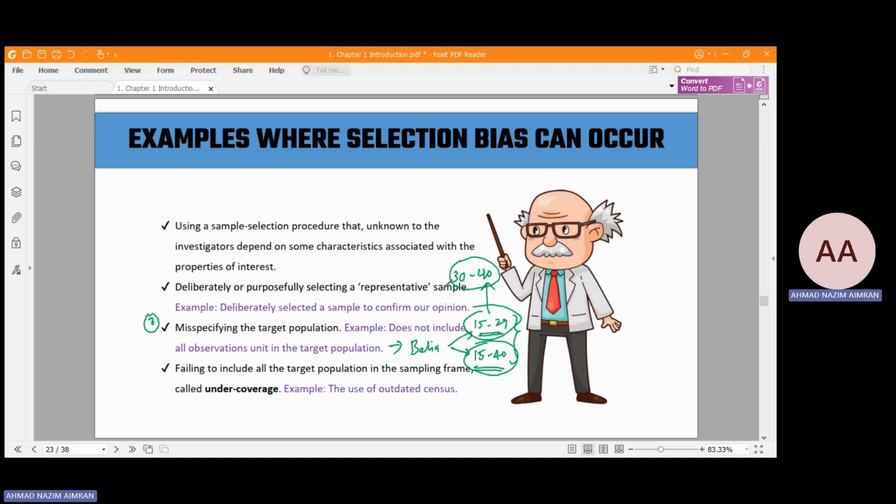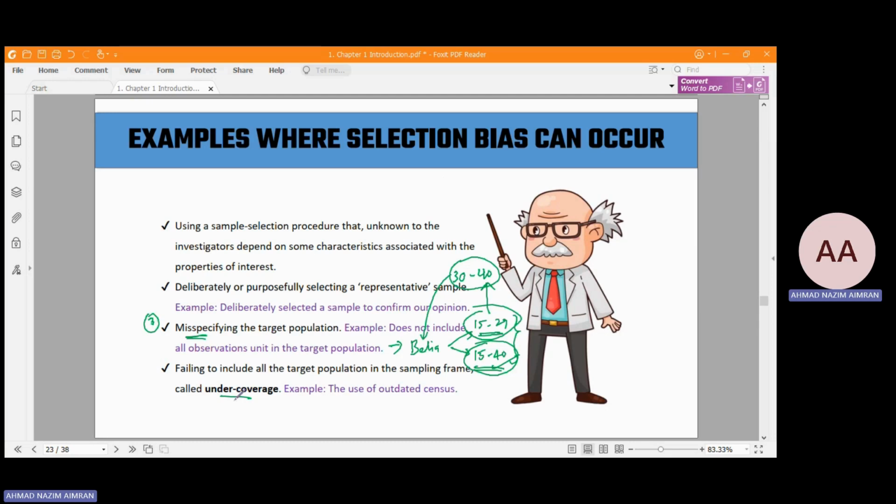These people are not included in the target population, even though they are also belia based on the current definition. So this is misspecifying the target population, or it can also be called undercoverage. Okay, this is misspecifying the target population and undercoverage at the same time.